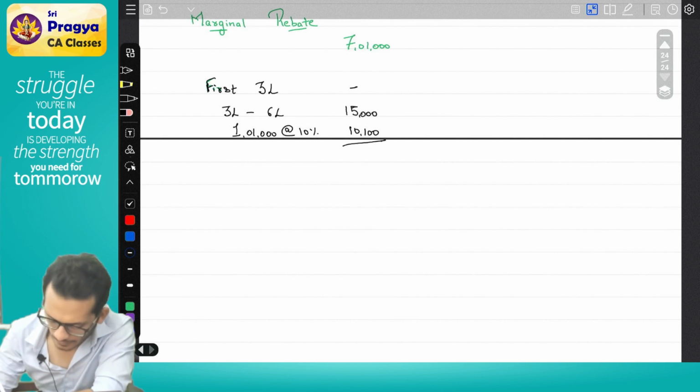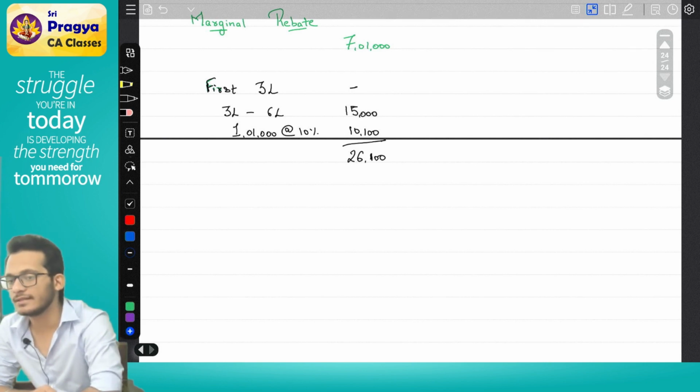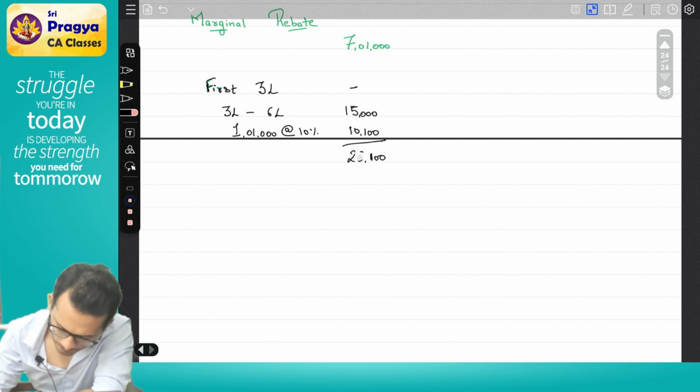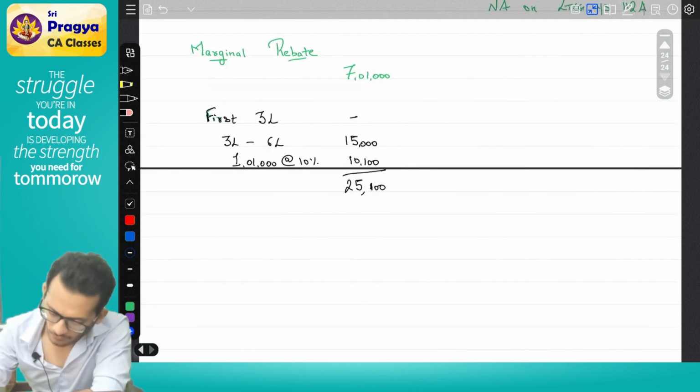Number is 25,100. Assuming your income was 7 lakhs.